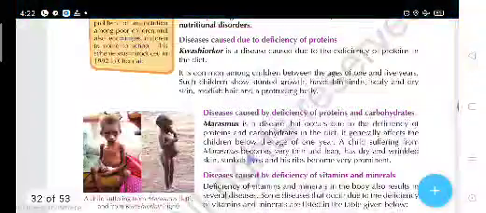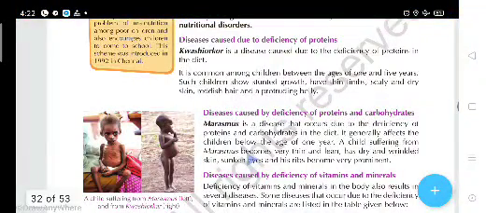Here are some diseases. Diseases caused due to the deficiency of protein. If there is a lack of protein in your diet, then one example is kwashiorkor, a disease caused due to the deficiency of protein in your diet, and it occurs especially in children. It is common among children between the age of 1 and 5 years.